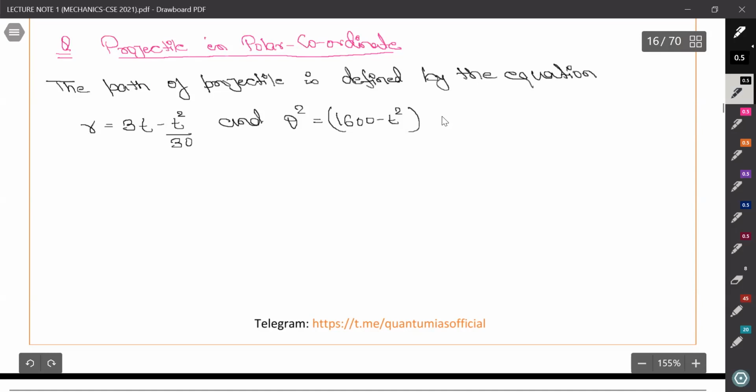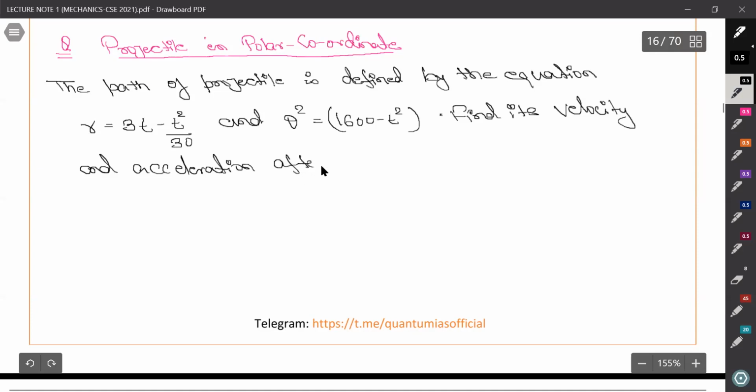So these are the relations. What you need to find? You have to find its velocity and acceleration after 30 seconds. This is a very straightforward question, and you can expect these types of questions easily.